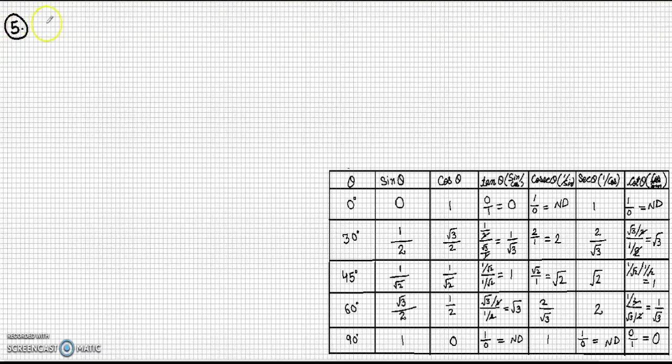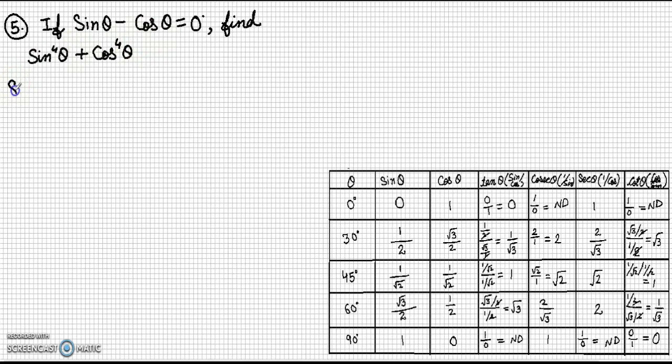Let's take another last example to make this concept very clear to you. We are given that if sin theta minus cos theta is equals to 0, find the value of sin raised to the power 4 theta plus cos raised to the power 4 theta.